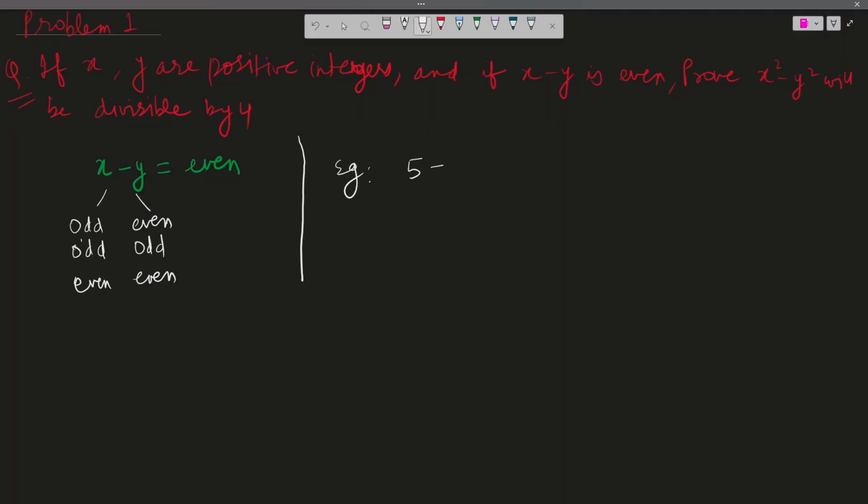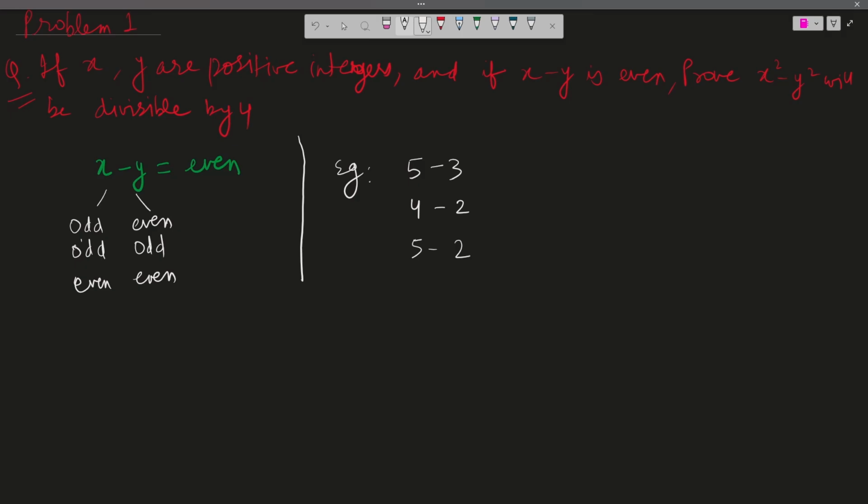Let's take the first case, 5 minus 3, another case 4 minus 2, and another case 5 minus 2. In the first case, both numbers are odd. In the second case, both numbers are even. And in the third case, one number is odd and the other is even.